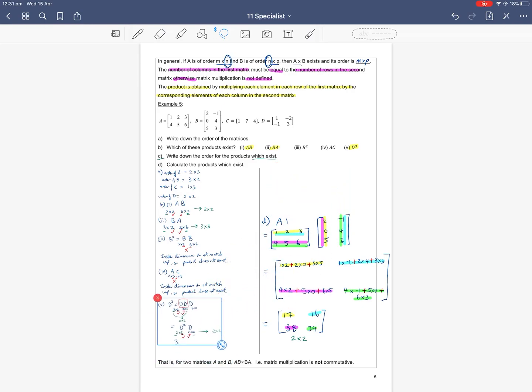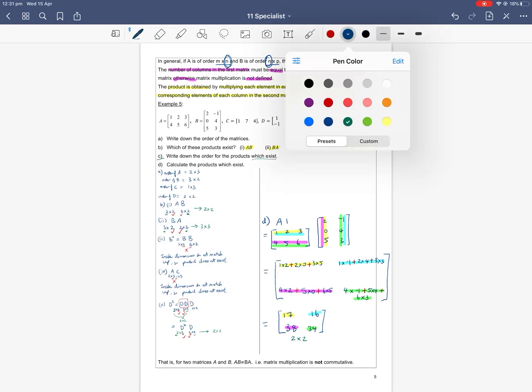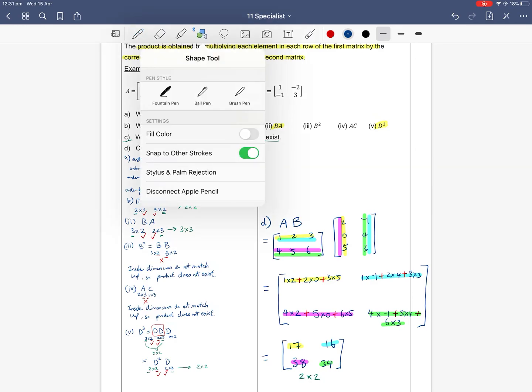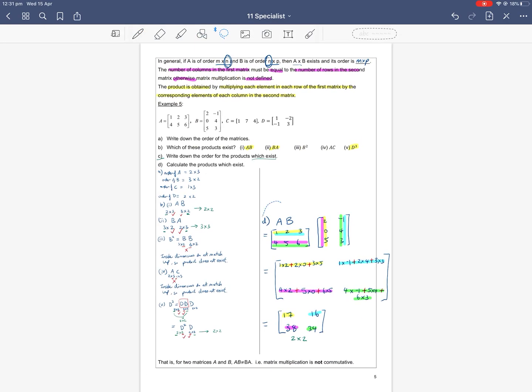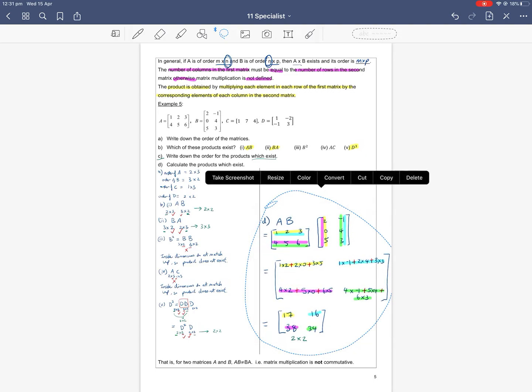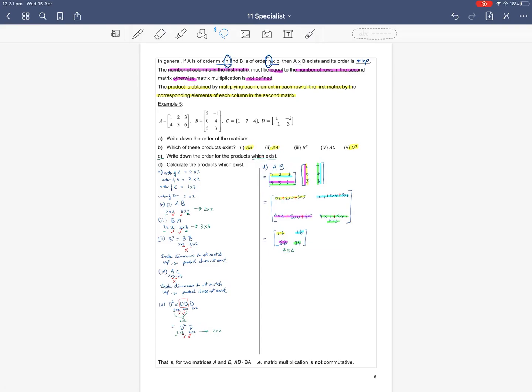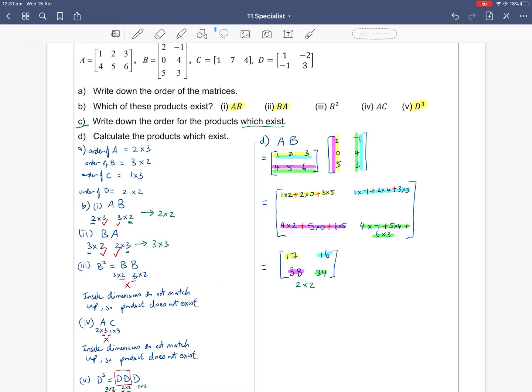Oh, the B got rid of it. Oh well, I can just erase that. Patch up the B. I'm going to make this a little bit smaller. Resize. Okay.